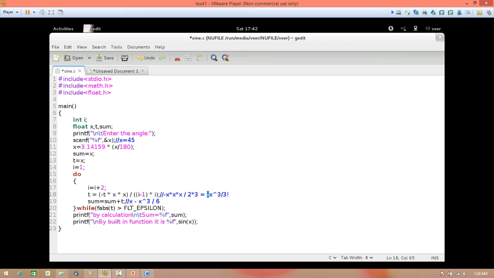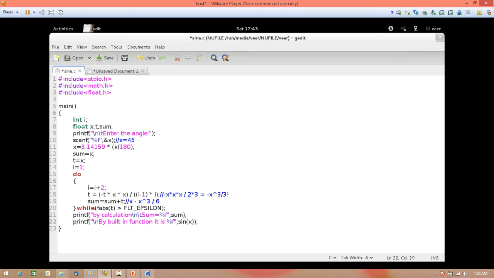This is how we go on subsequently finding new terms. First the term was t1, next it was t3, next it will be t5, next it would be t7. Every individual term that you find should be added to the sum, and that will give you the final result, available in the variable sum.